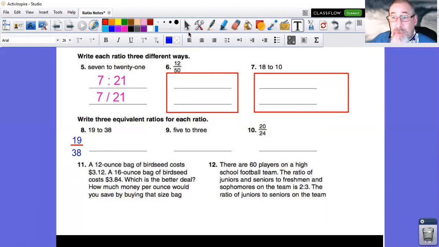If I multiply both my top and my bottom, let's say I multiply this by 2. I do it to the top, I have to do it to the bottom so I don't change the value of that situation. Then I'm going to get an equivalent fraction.